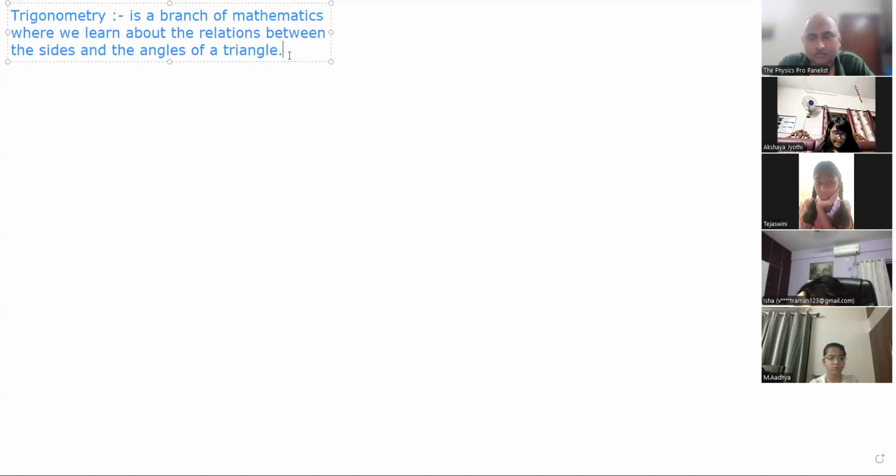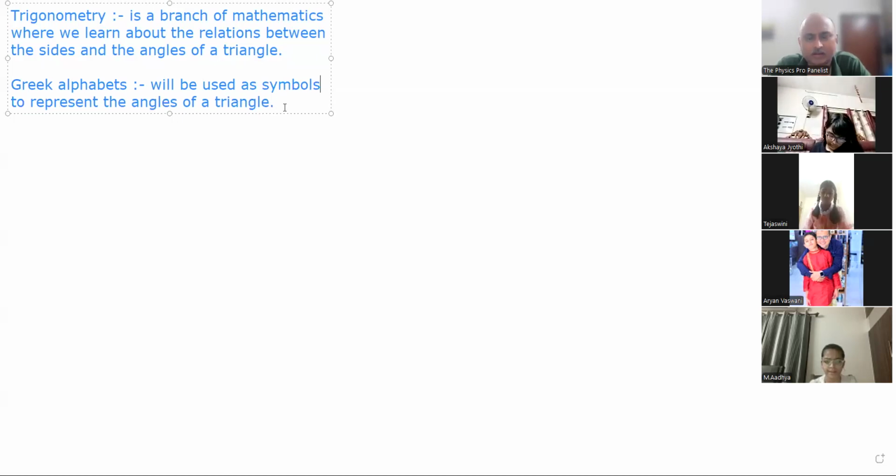Now, to represent the angles of a triangle, I am introducing some Greek alphabets here. So Greek alphabets will be used to represent the angles of a triangle. We will be using them as symbols.